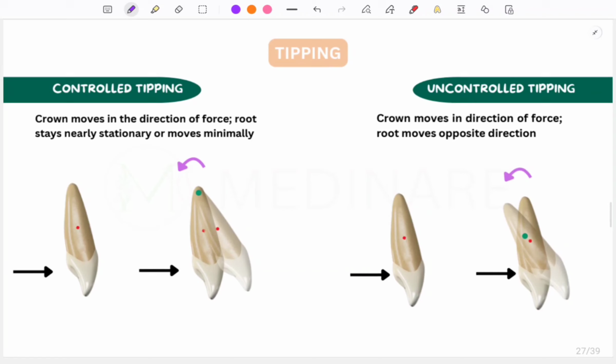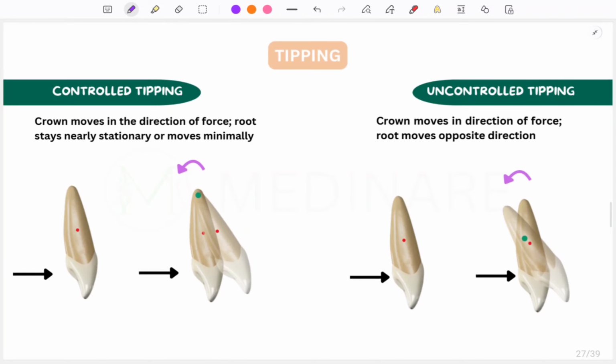Then we have two types of tipping, which is controlled tipping and uncontrolled tipping, which is very important. Controlled tipping is where the crown moves in direction of the force and root nearly stays stationary or moves minimally. By controlling the amount of force, we can control the amount of tipping that is happening. In uncontrolled tipping, the crown moves in direction of the force and root moves in the opposite direction.